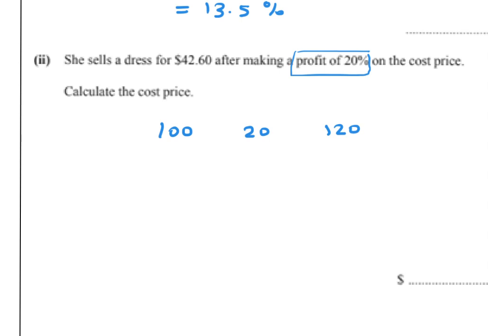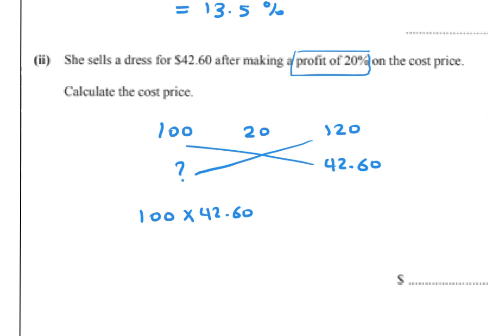Now we have the selling price, $42.60. We need to find the cost price. So cross multiply, 100 times 42.60 divided by 120 equals 35.50.